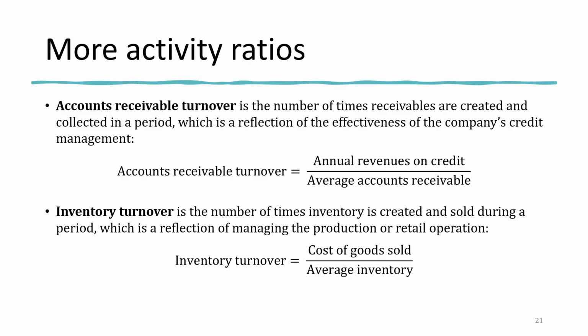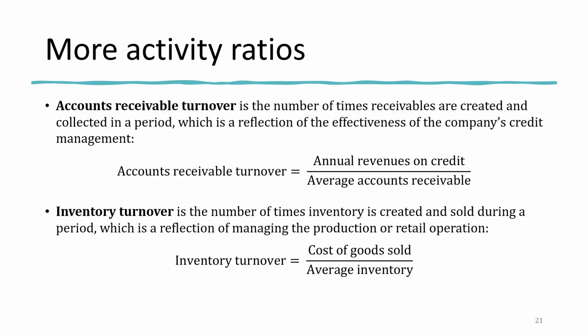We can also use activity ratios to assess accounts receivable and inventory. With regard to accounts receivable, the accounts receivable turnover is the number of times receivables are created, that is, you're selling the item for credit, and collected in a period. So it's the reflection of the effectiveness of the company's credit management.